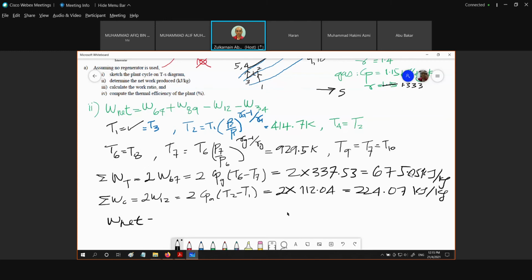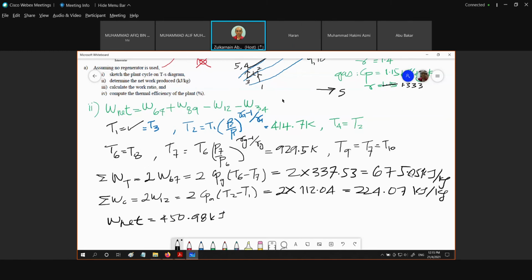So this minus this: 450.98 kilojoule. So this is our W net in terms of kilojoule over kilogram.